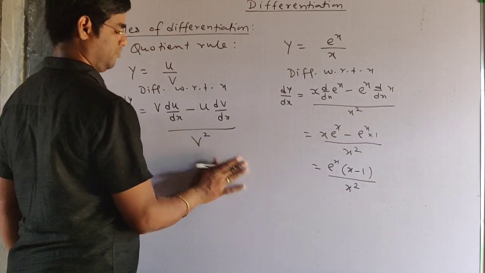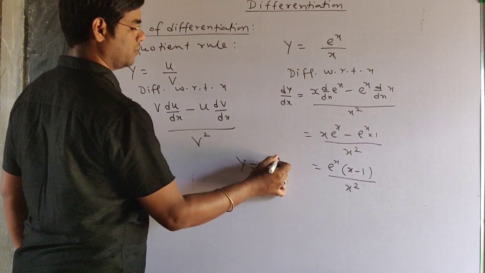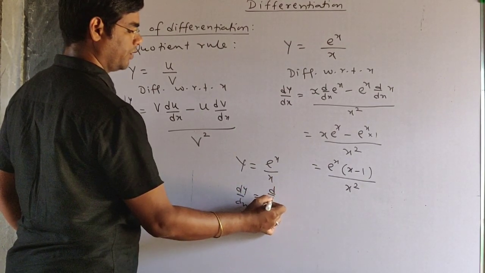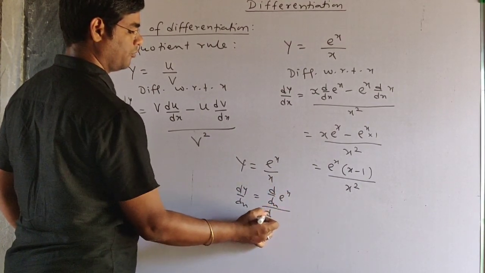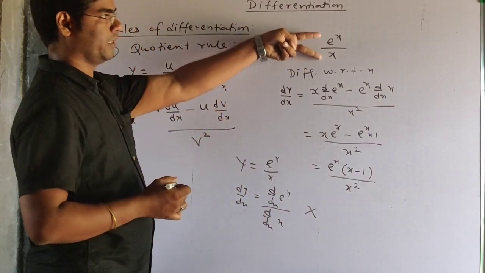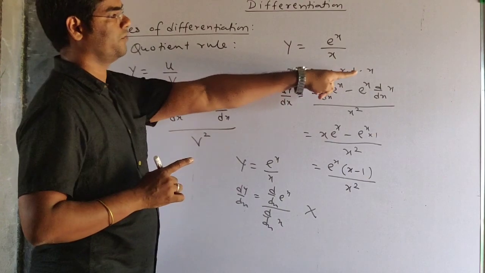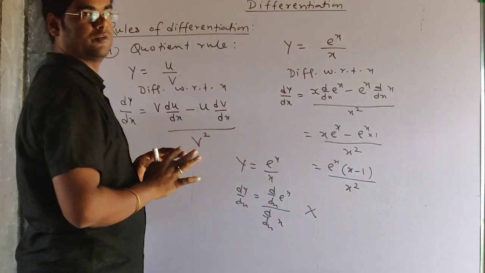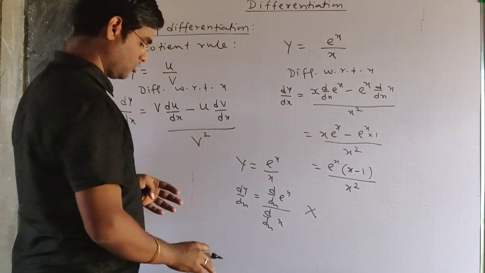If you do directly e raised to x upon x, so derivative of y is equal to derivative of e raised to x upon derivative of x, this is completely wrong. Whenever you have two variables, here we are differentiating with respect to x, so the terms involving x are variables and the remaining terms are constants.